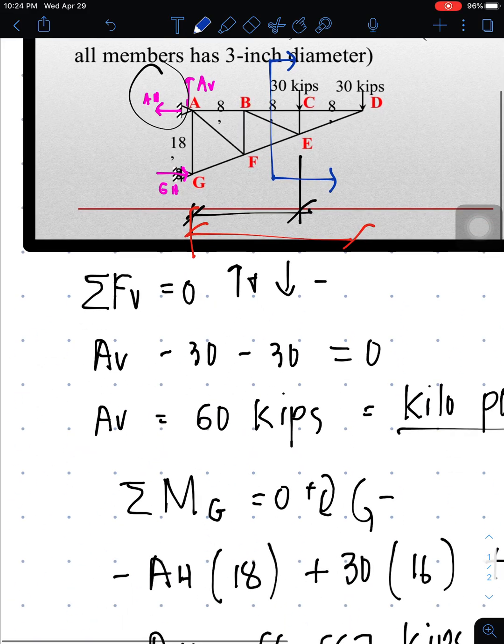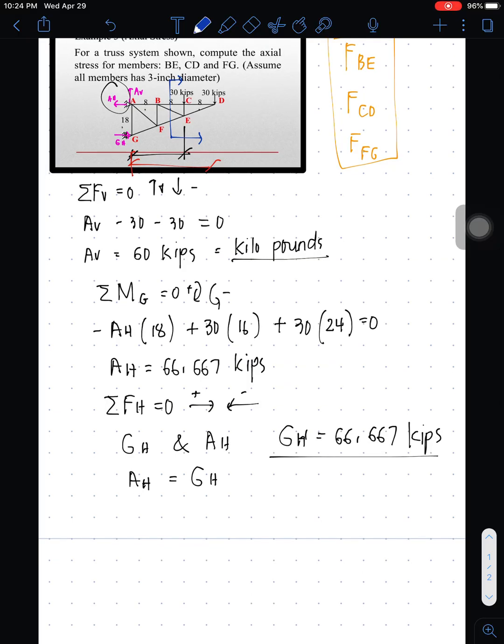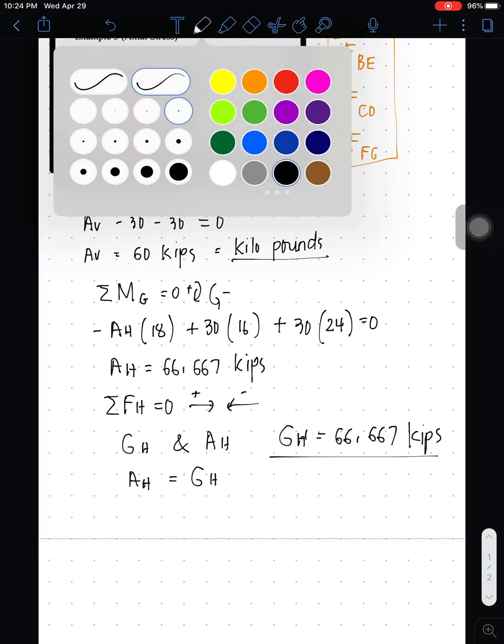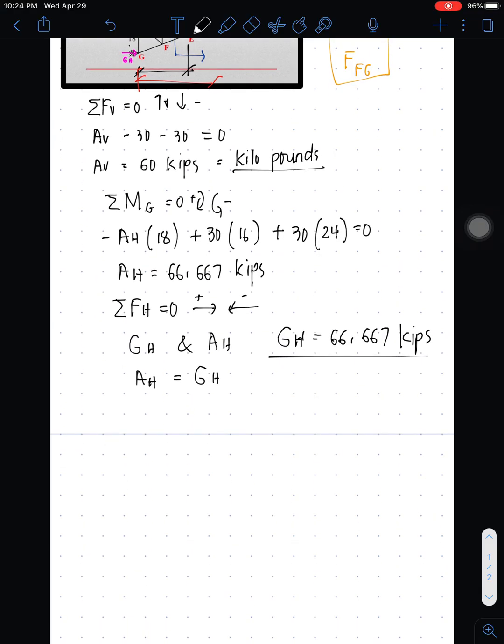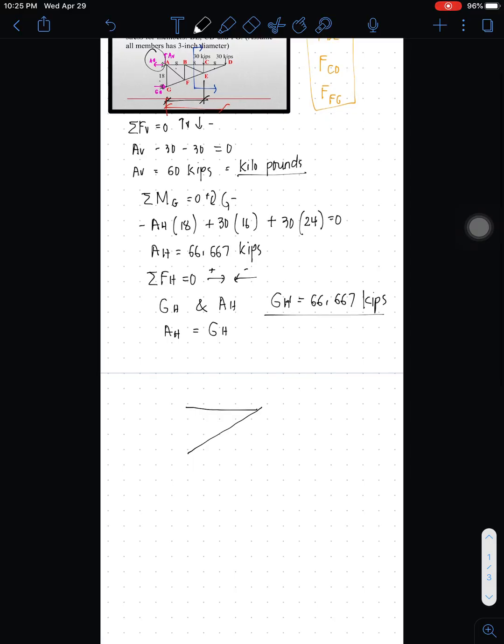So what will you see in that cut? What you will see is this one. I'll just draw the figure first. The cut there is somewhat like this, and then you have here.